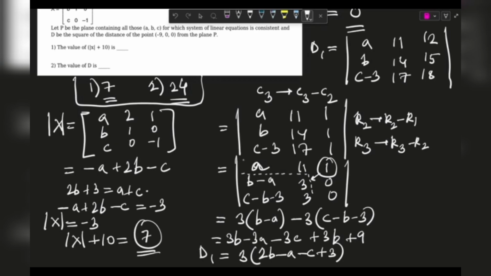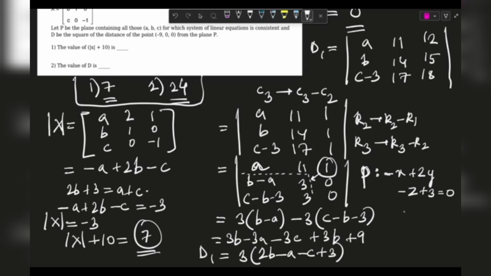This was easy. And now we also have a second part where we have a plane P containing all the points ABC for which this system of linear equations is consistent. So basically the plane equation will be, if in place of ABC we substitute x, y, z, minus x plus 2y minus z plus 3 equal to 0.